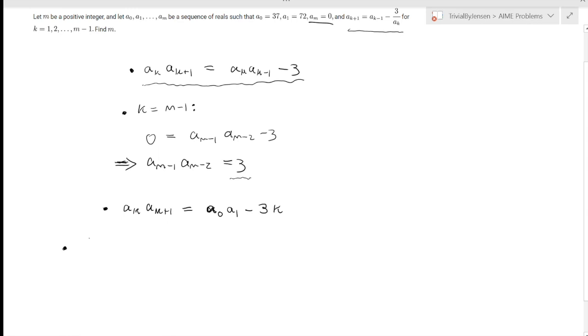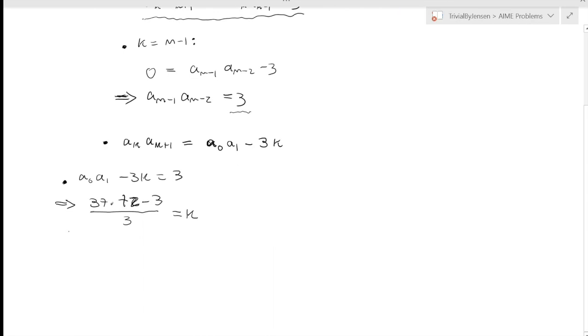So we get a0 times a1 minus 3k equals 3. So 37 times 72 minus 3, over 3, equals k. So k equals 887.